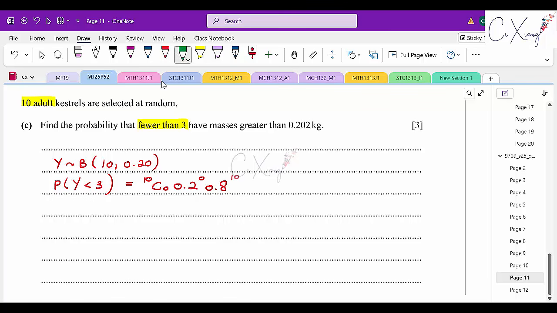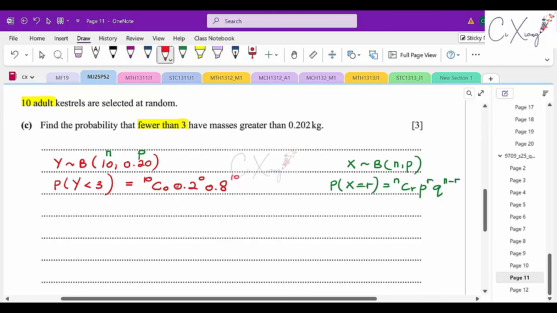Do you still remember the general formula? This is the N, this is the P, right? When X or Y is binomially distributed, the general formula for X equals R will be NCR, P power R, then Q power N minus R. So this first phrase here is the Y equals 0.